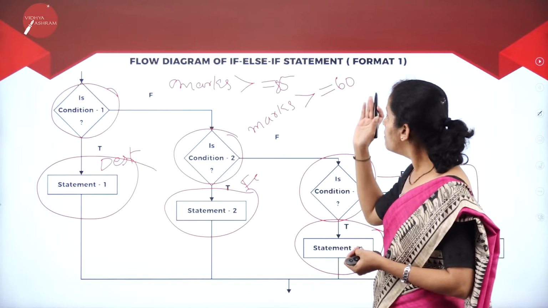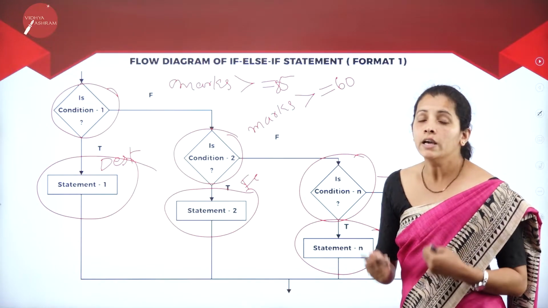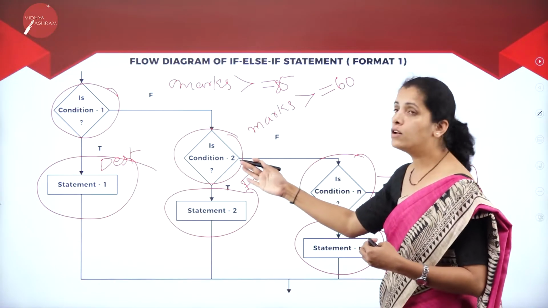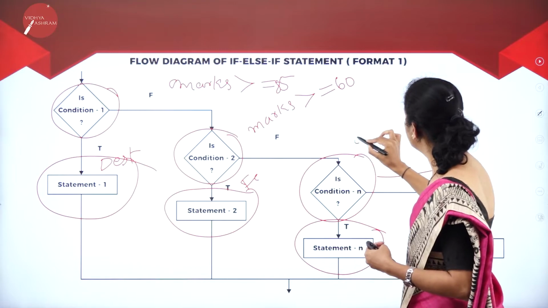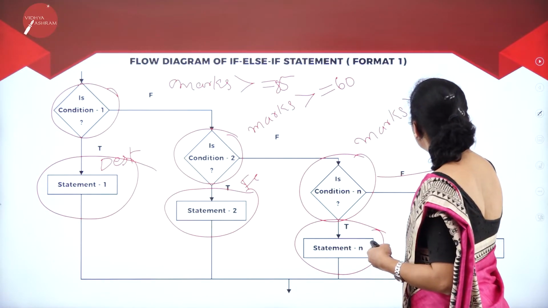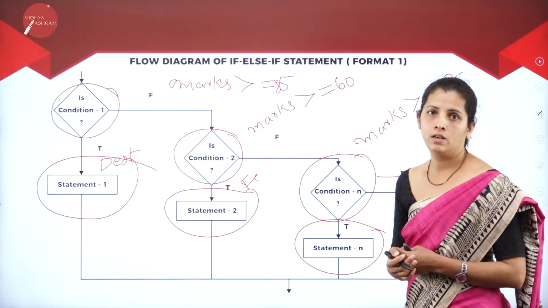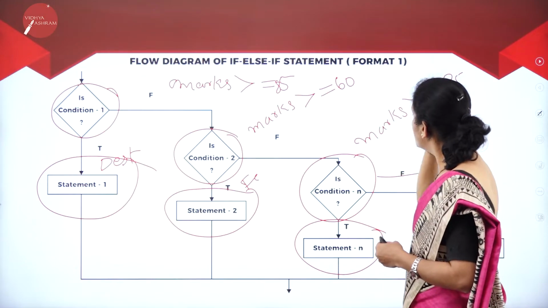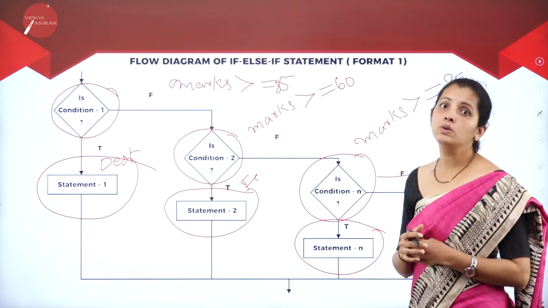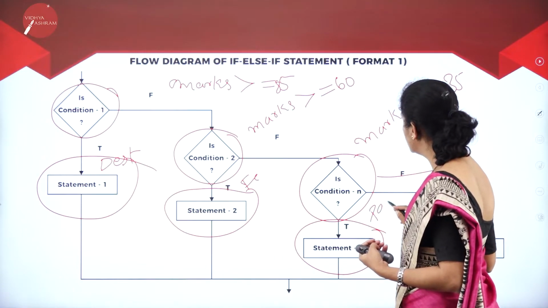If it is false, once again I'll write here marks greater than or equal to 35. Here, if the mark is greater than or equal to 35, then it is just pass.